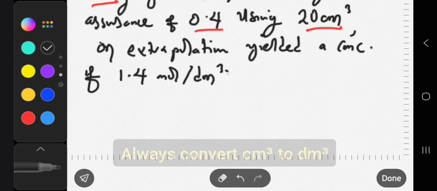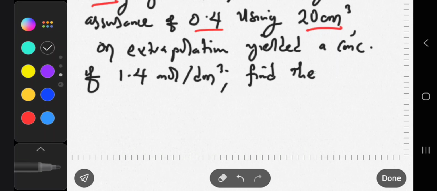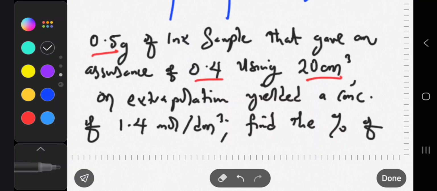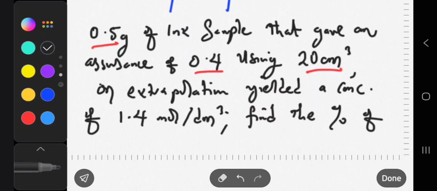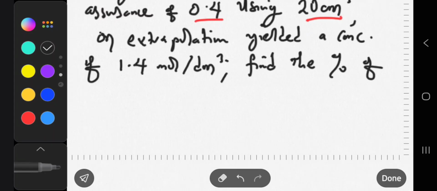right? And then you are asked to find the percentage of the dye in the ink sample. You know, ink contains dye.